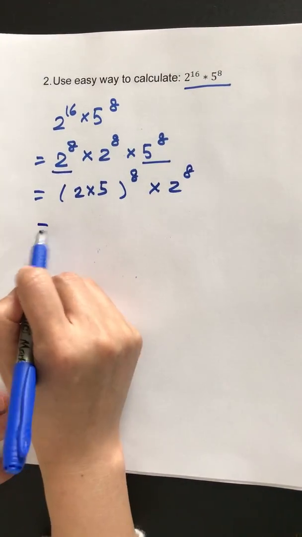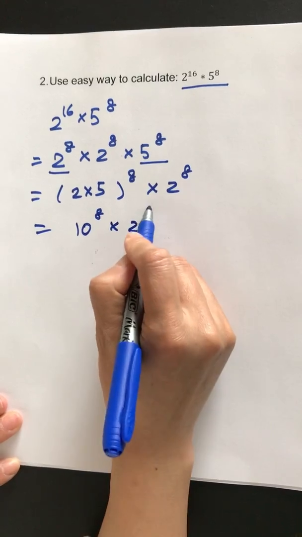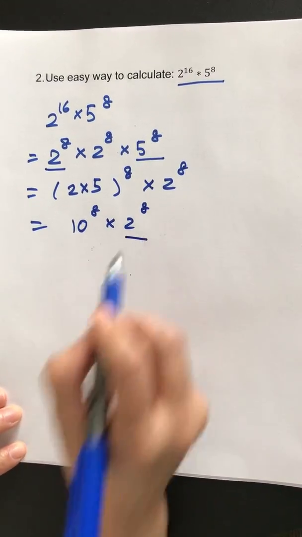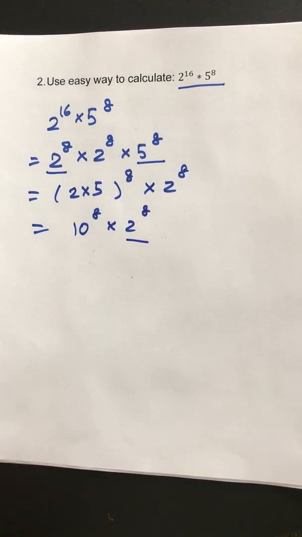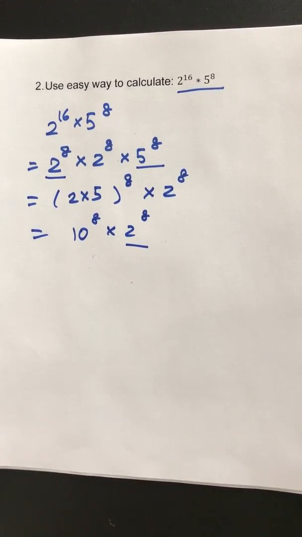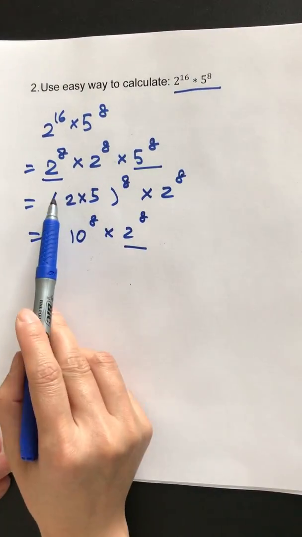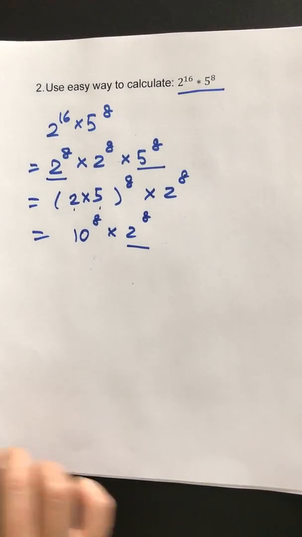So 2 multiply 5 is 10. This is 10 to the power of 8, multiplied by 2 to the power of 8. I hope the students can remember this in the future when they practice more and more. Basically you want to combine these numbers to give you 2 multiply 5, which gives you 10s.